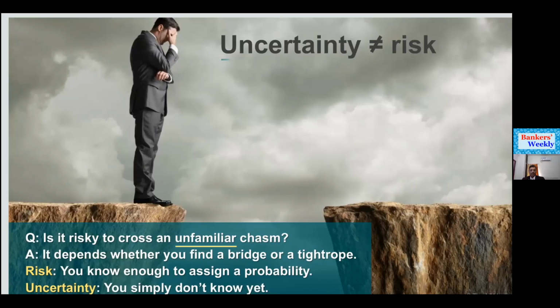So uncertainty is you simply don't know yet what it is. But risk is you know enough to assign a probability to how you can cross. So uncertainty implies a situation where the future events are not known, whereas with risk, you know with a probability. So there is a little difference between uncertainty and risk.